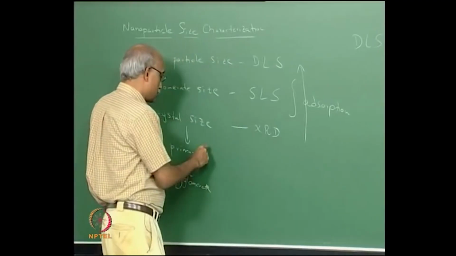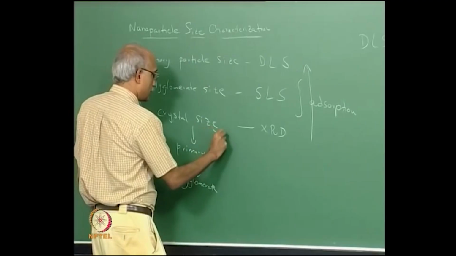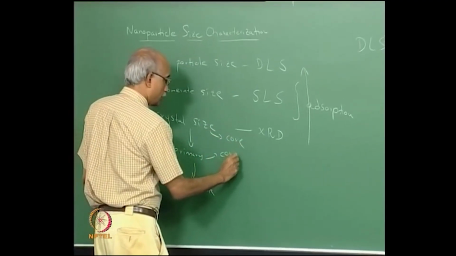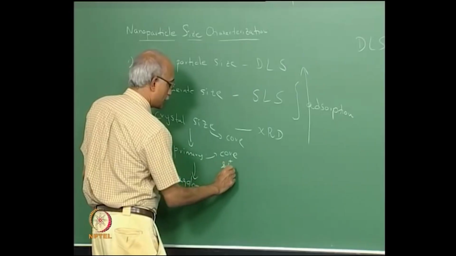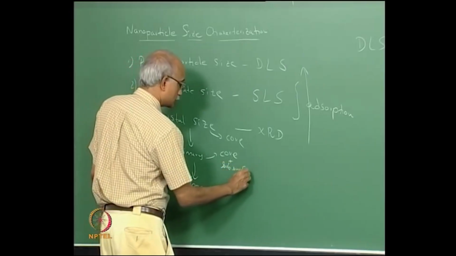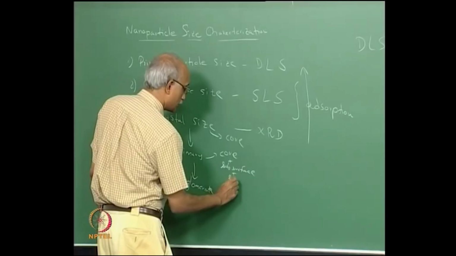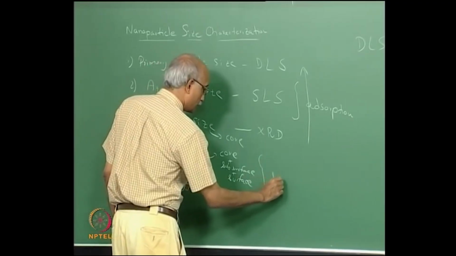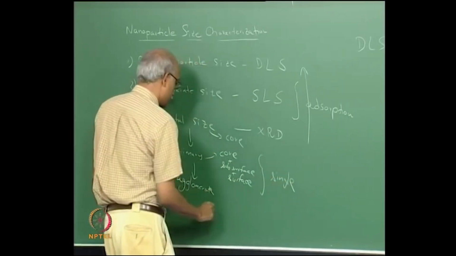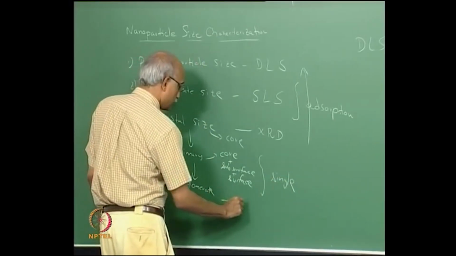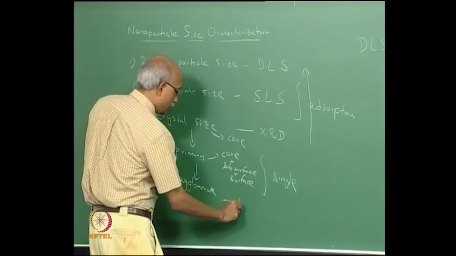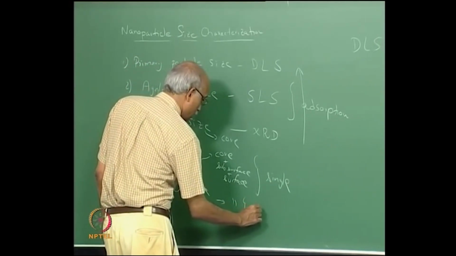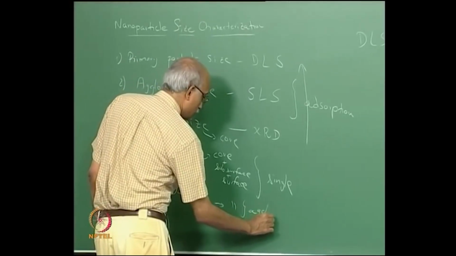The primary size represents the core plus the subsurface plus the surface of a single particle, and finally the agglomerate size will include all three components of all particles in an agglomerate of particles.